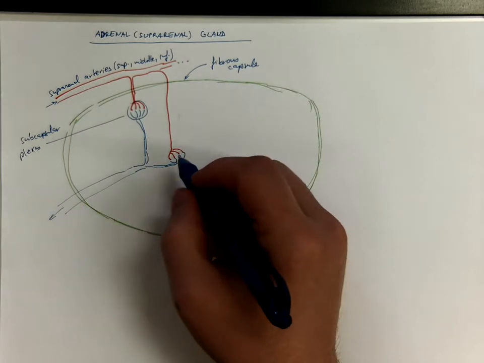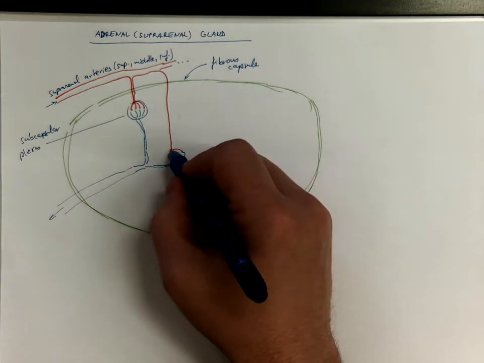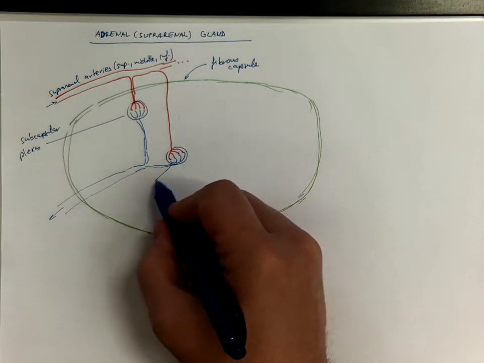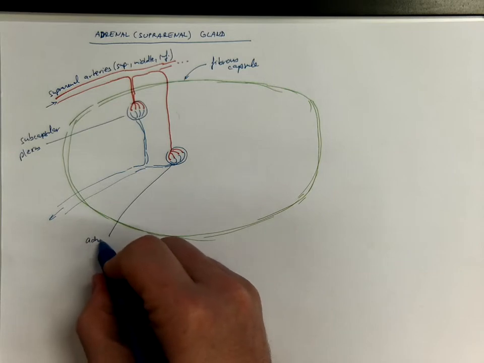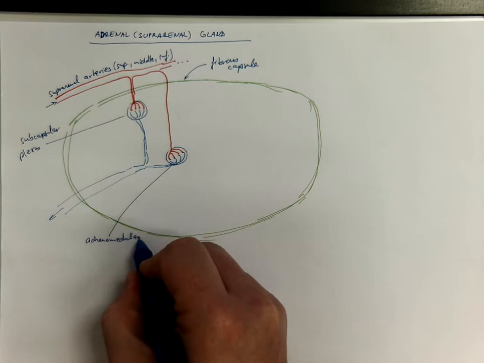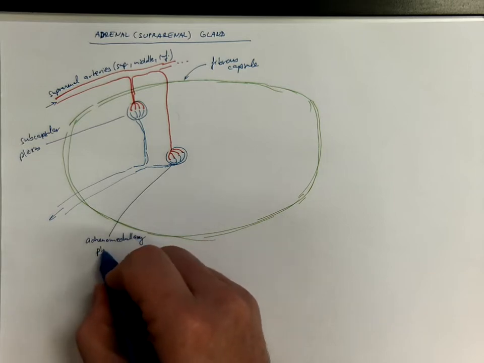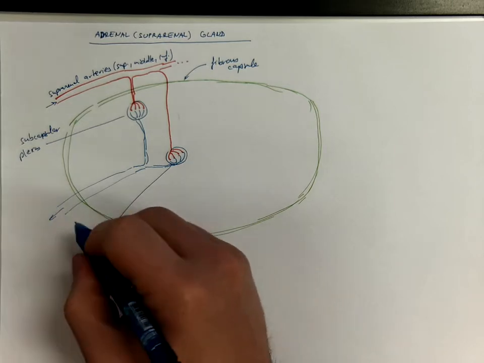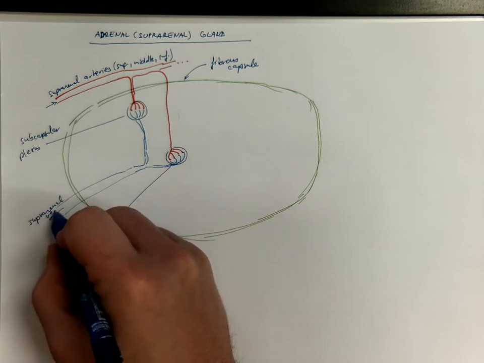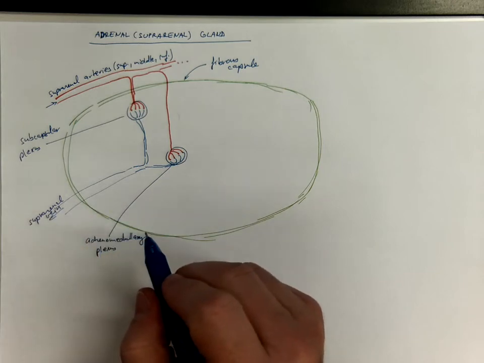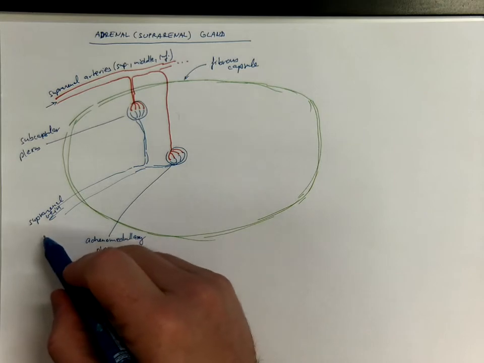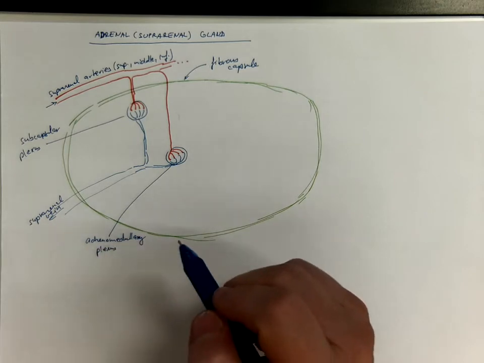And then we got the medullary plexus. Drained by the suprarenal vein. Which is a tributary of either the vena cava or the renal vein.